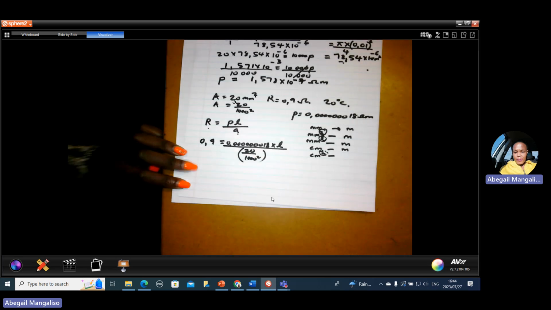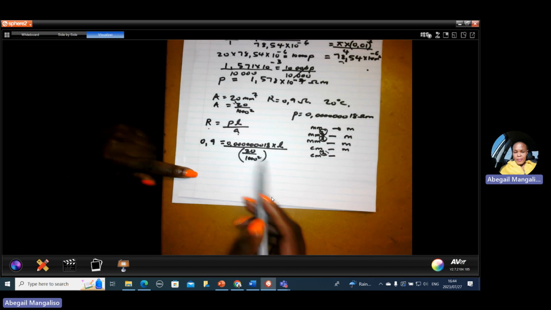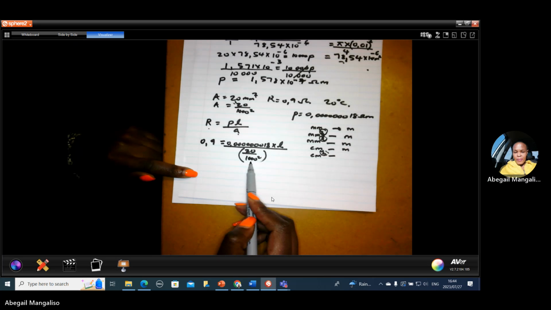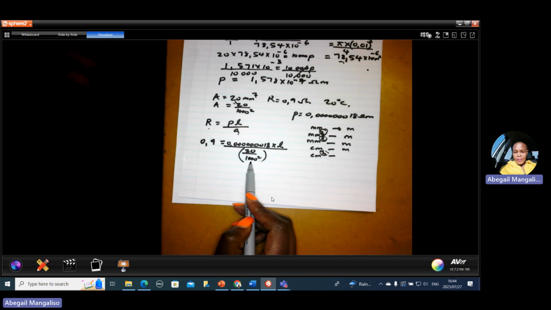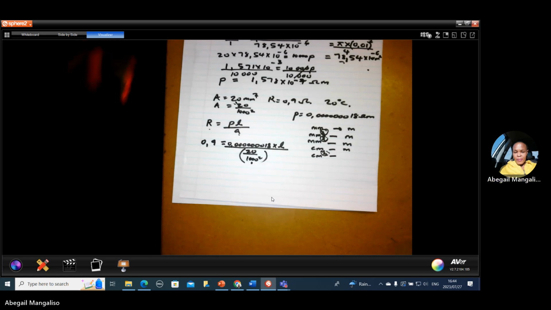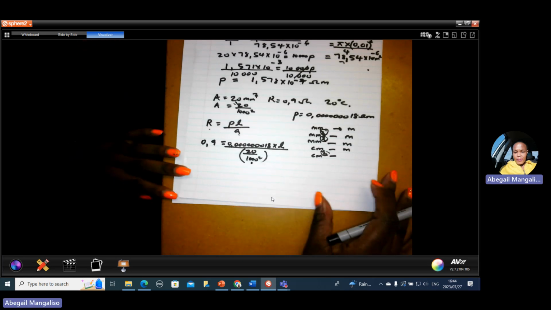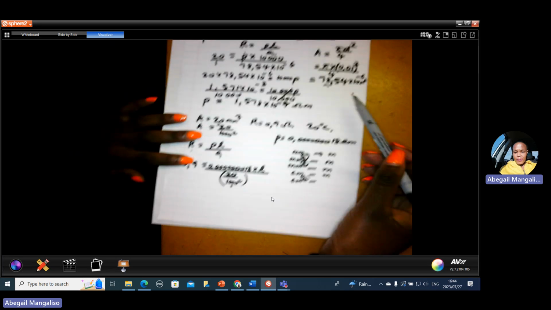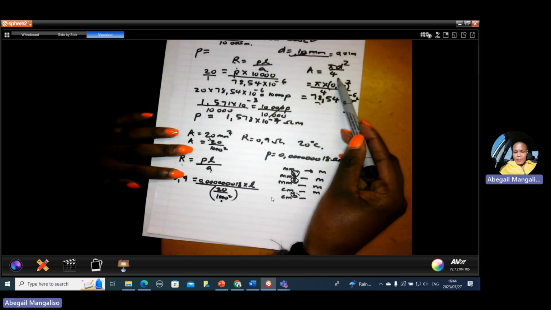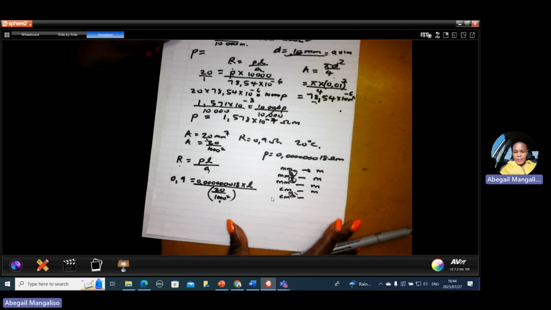This is an area. So when you are given a diameter, you need to calculate area first so that you can substitute here. This question we're given the area, that's why we don't first calculate. To calculate area when we have diameter, this is the formula pi d squared over 4. It won't be given in exam. You must remember it.